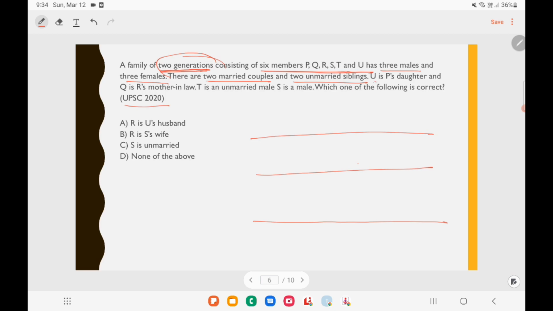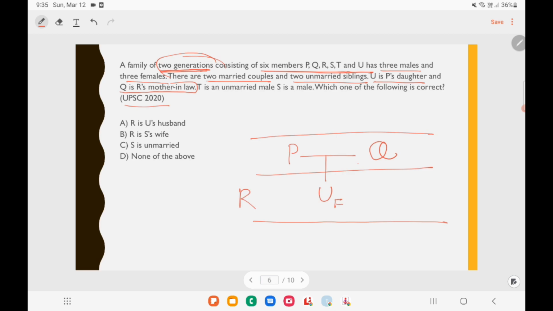U is P's daughter, okay, U is P's daughter. That means U will come in the second generation, P will come in the first generation because U is P's daughter, right? So U is P's daughter and U will be female because it's a daughter. And Q is R's mother-in-law, so Q will be coming here and R will be coming here, right?